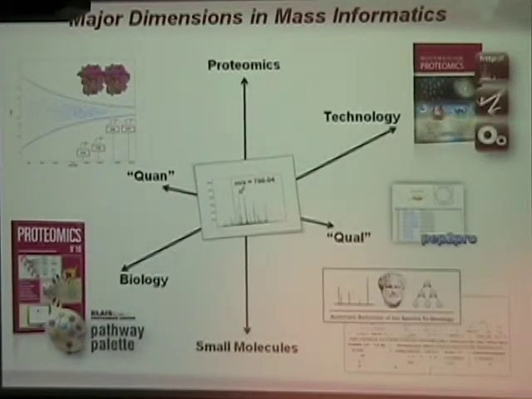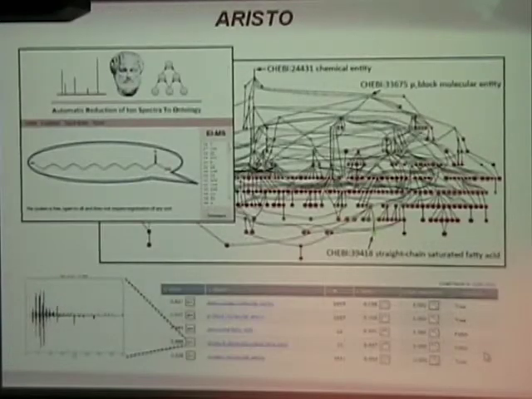I might have a little bit of time to talk a little bit about the technological underpinnings that make this possible. Actually, just in the interest of being incredibly scattered, let me just say all of this is about peptides, but when you're talking mass informatics, you're obviously talking about people who want to do metabolomics or small molecules. And I just want to point out that there are tools in the toolkit here to do with identifying small molecules from EI spectra.